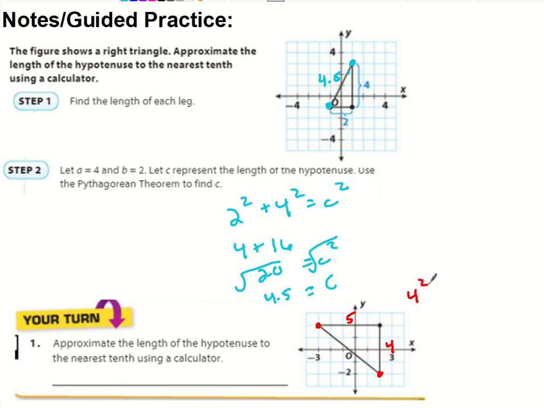So I know that's 4 squared plus 5 squared equals c squared. 16 plus 25 is 41. So when I take the square root of 41, I get 6.4 to the nearest tenth. So the hypotenuse for this one is 6.4.